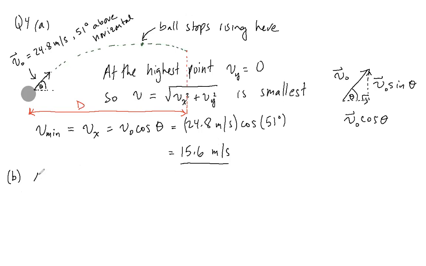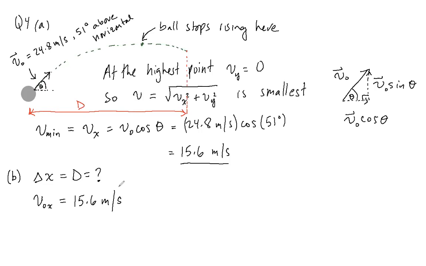So we've got delta x is equal to D, and that's what we need to find. The initial speed along x is simply what we found here, 15.6 meters per second.